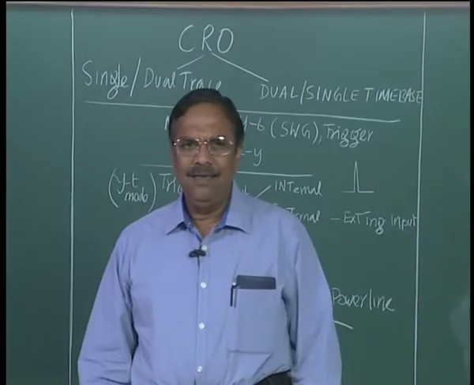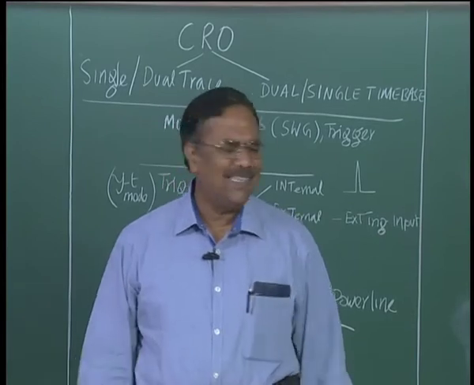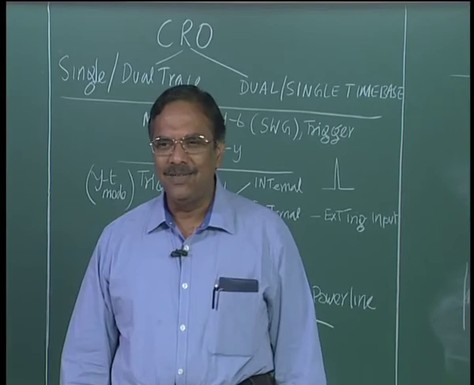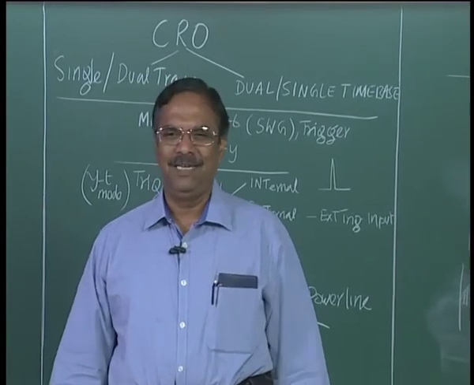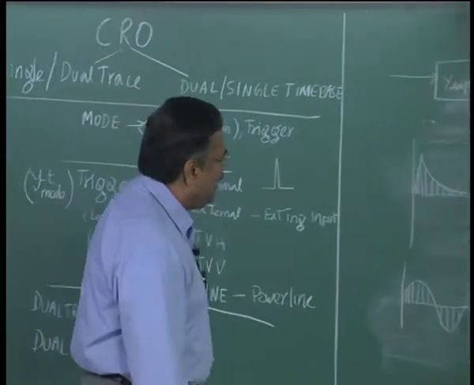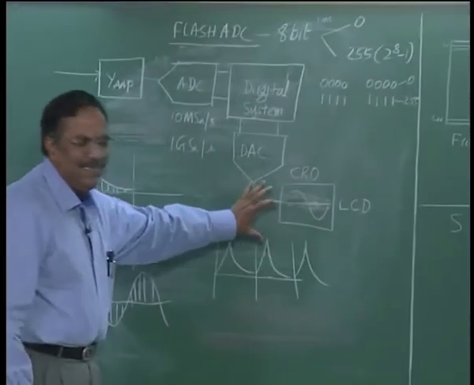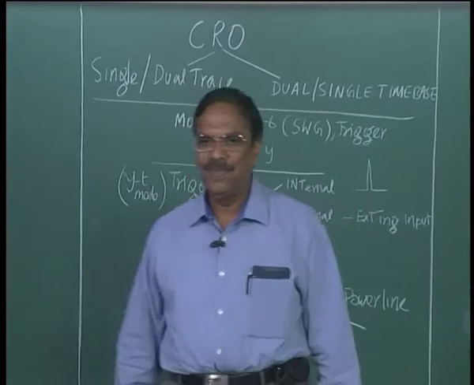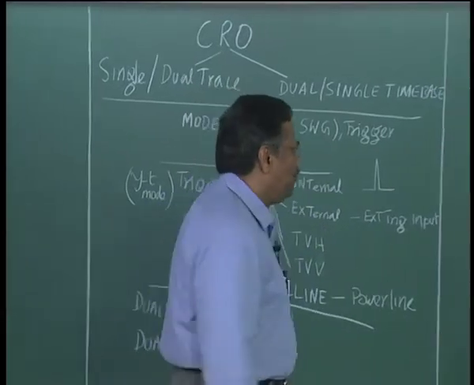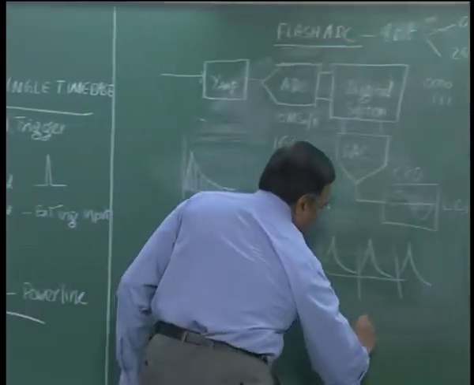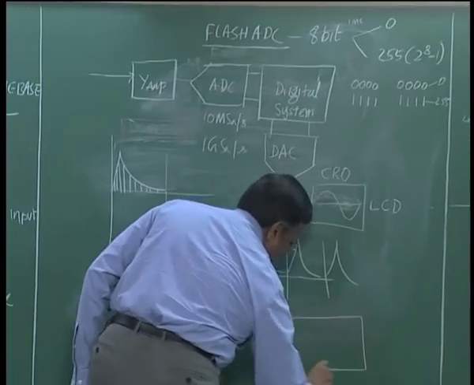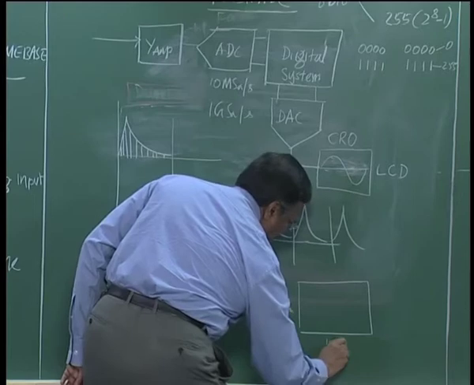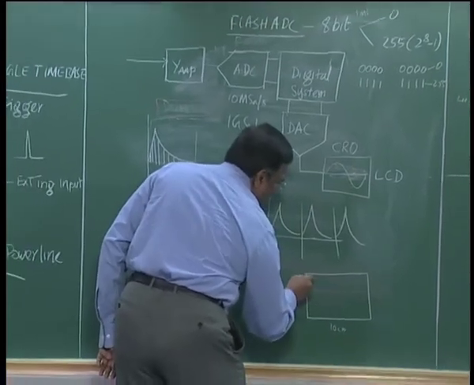Many of us look at it and say, oh, this is not very good, only 255 levels. But if you look at the screen of an analog oscilloscope, it is roughly 8 centimeters by 10 centimeters, and you will have markings every millimeter.